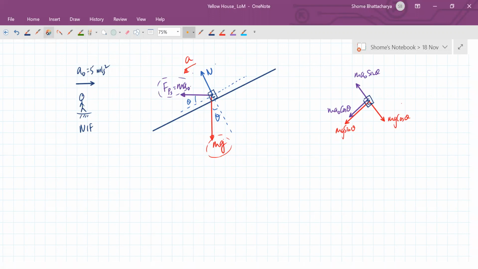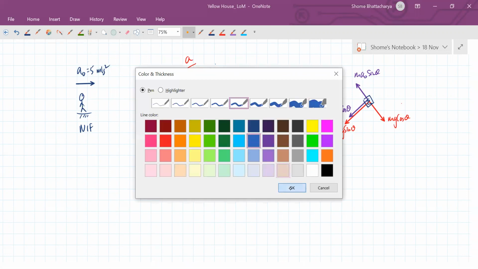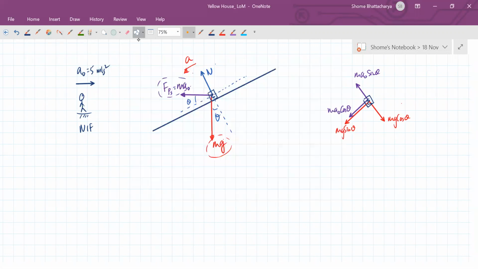And normal reaction I don't need to resolve because it's already along my y-axis.